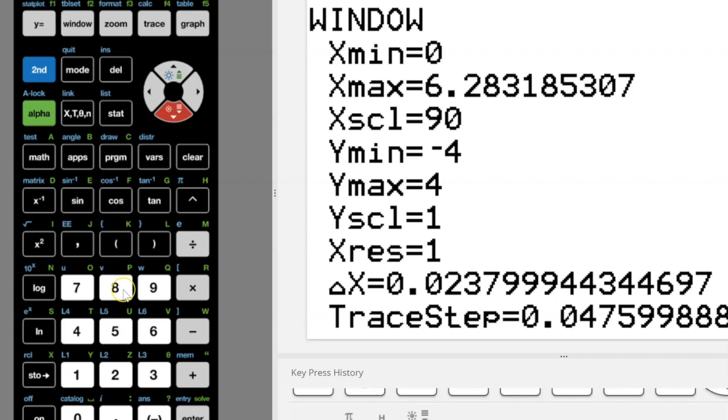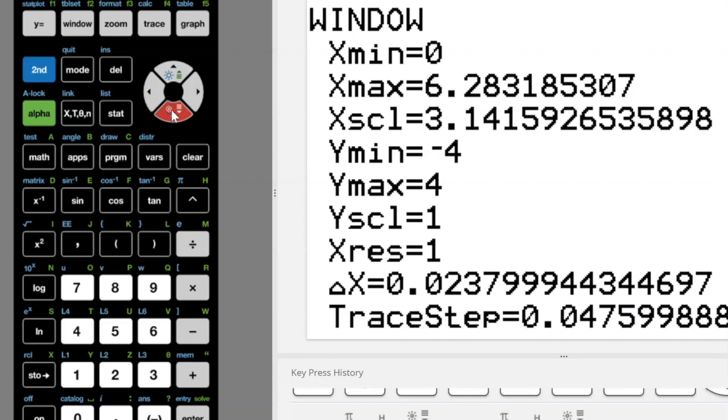Let's not worry about our scale. 90 is a little bit strange, but that's probably because it was in degree mode from before. So we can put in pi or something like that. And let's put in negative 2 to 2 for y min and y max.